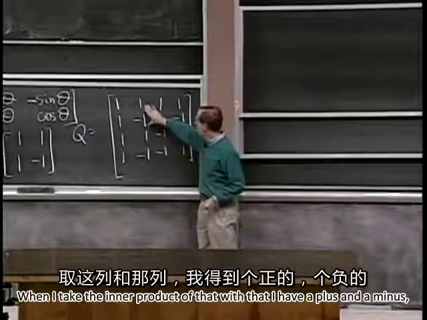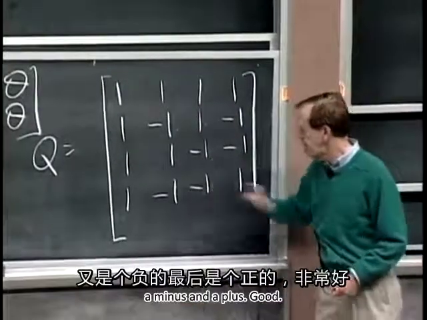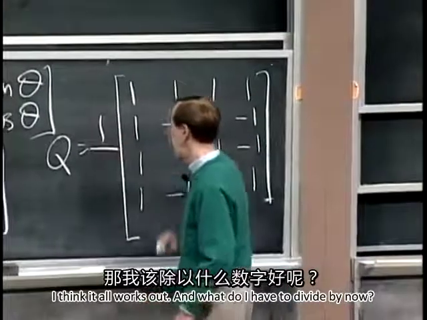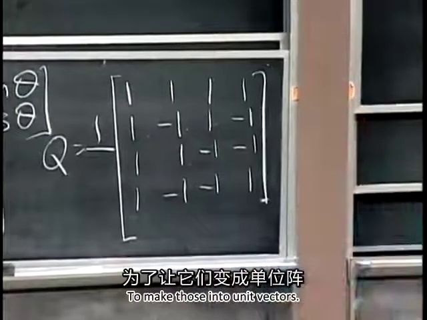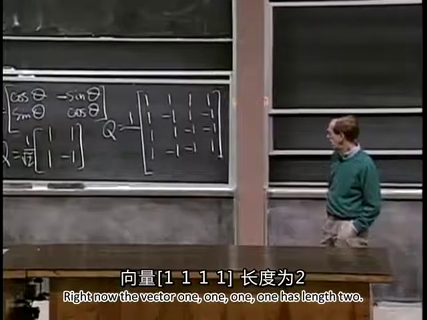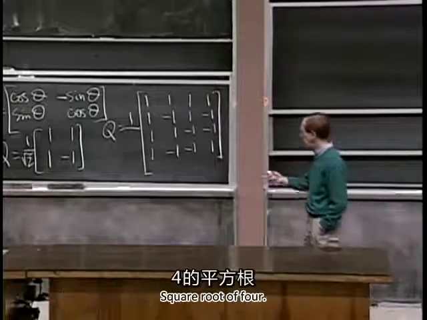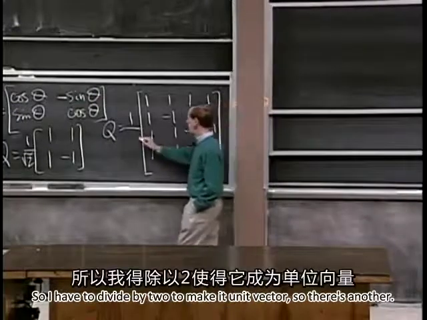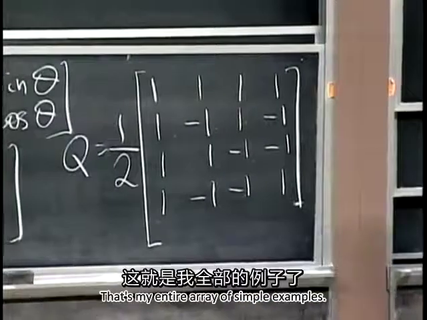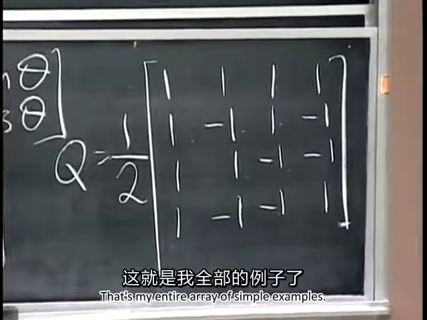That's good. When I take the inner product of that with that, I have a plus and a minus and a plus. Good. I think it all works out. And what do I have to divide by now to make those into unit vectors? Right now, the vector 1, 1, 1, 1 has length 2, square root of 4. So I have to divide by 2 to make it a unit vector. So that's my entire array of simple examples.